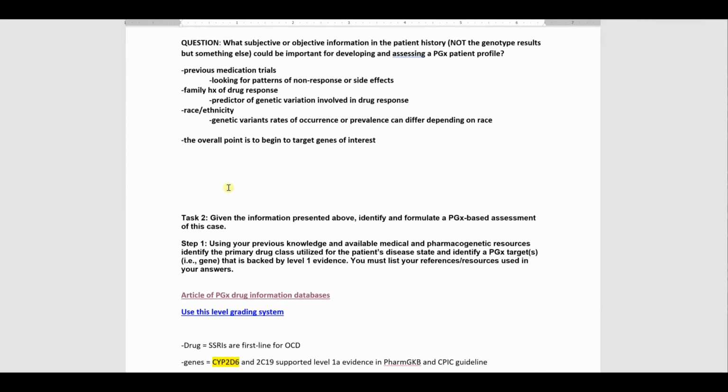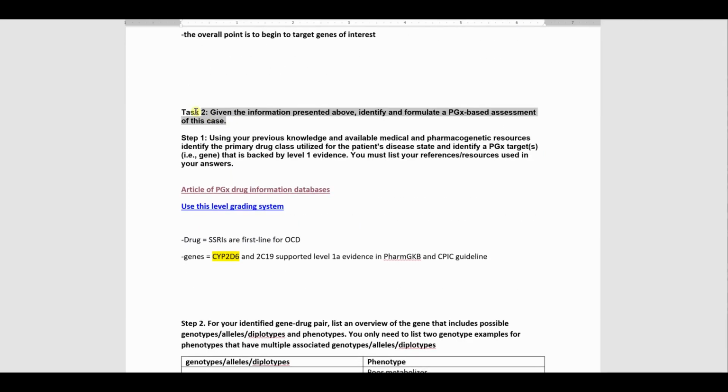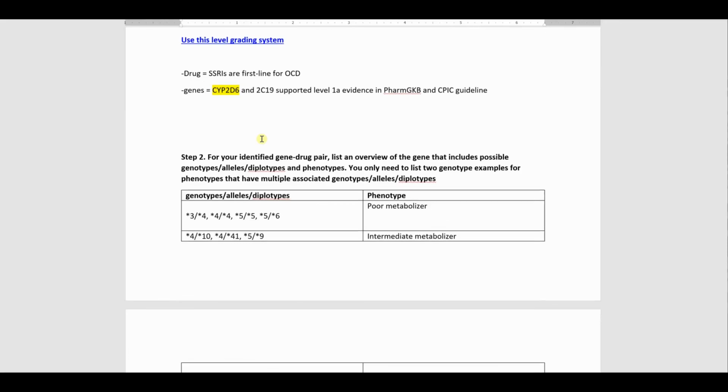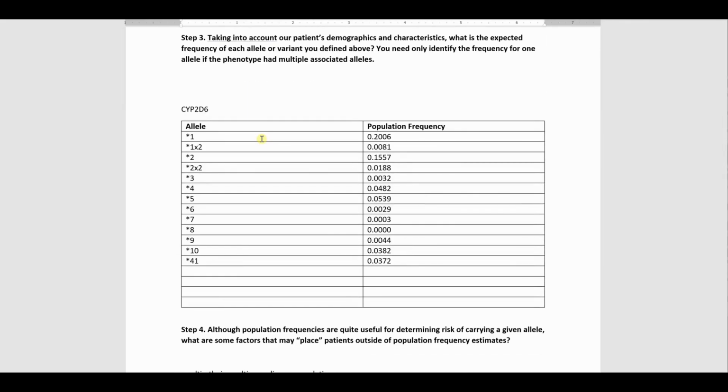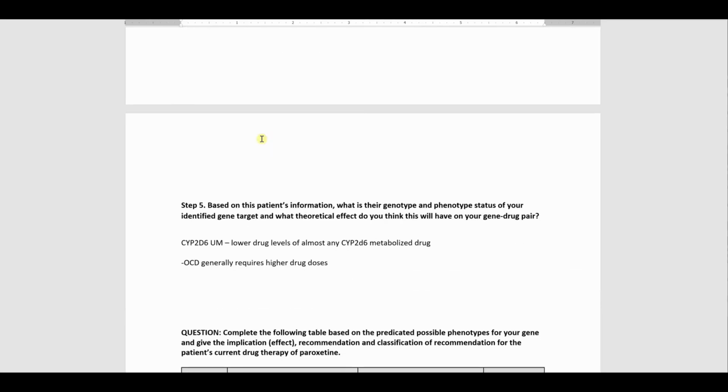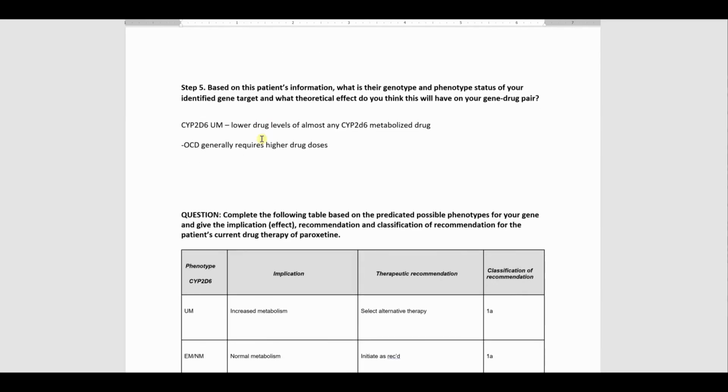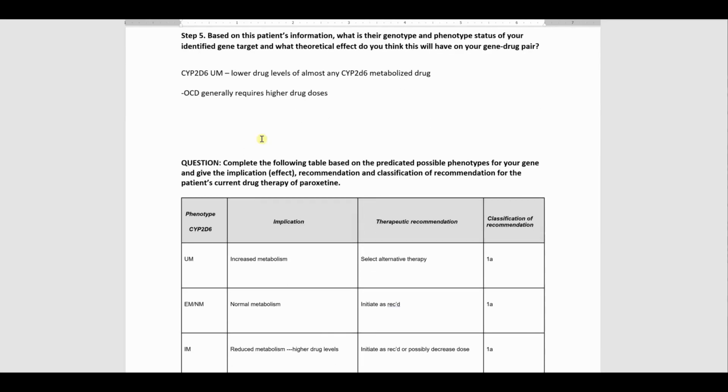And then you do an assessment, right? Which we did. This patient, we found that we think that CYP2D6 and SSRIs was our dream drug pair. We found out that this patient is an ultra-rapid metabolizer for 2D6, so likely they should be avoiding any 2D6 medications in OCD because OCD really requires those higher doses.